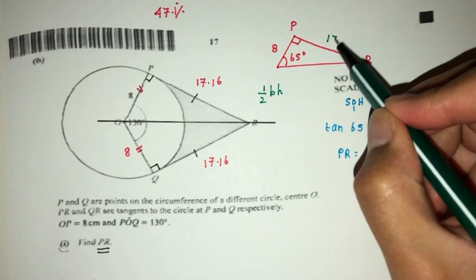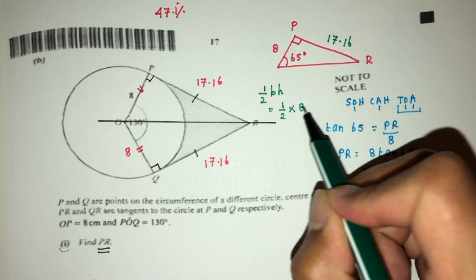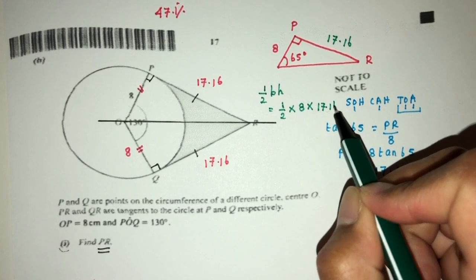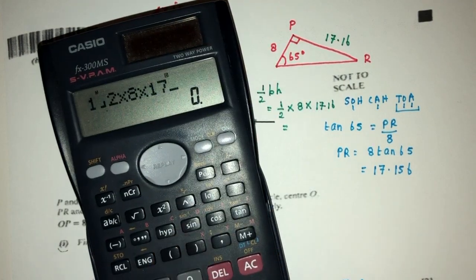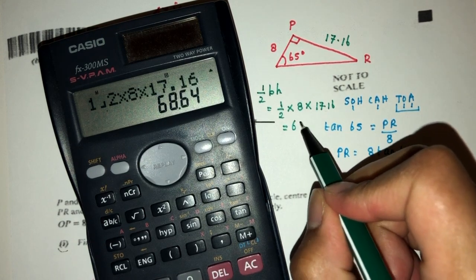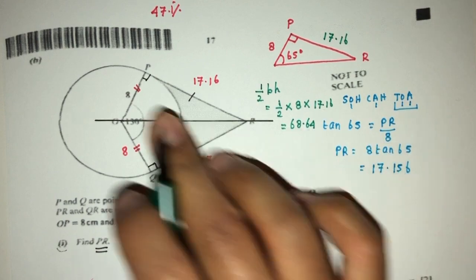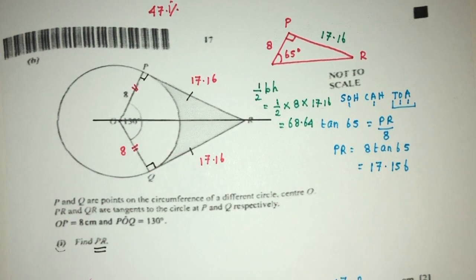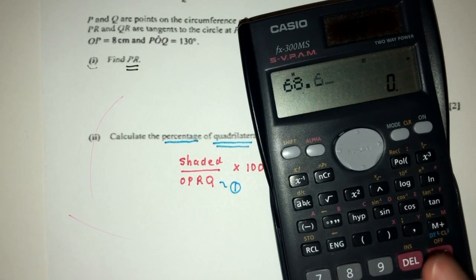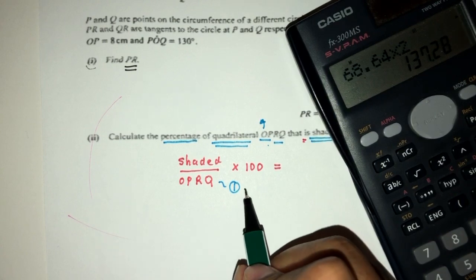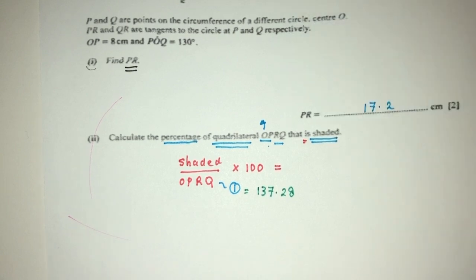So half times base is 8 and times height is 17.16. Half times 8 times 17.16 will be 68.64. Now again, this is the area for one of the triangles, so we have to multiply by 2 to find the area of the whole quad. 68.64 times 2 will give me 137.28. That will be my area of the quad.